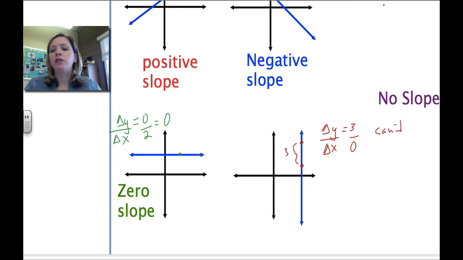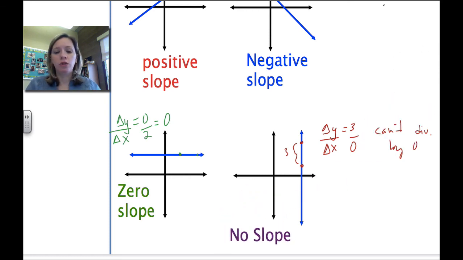So since we can't divide by 0, we say that this line has no slope. Another way we represent that sometimes is we'll say that the slope is undefined. That's another way of saying exactly the same thing. No slope, undefined slope, all represent the slope of a vertical line.